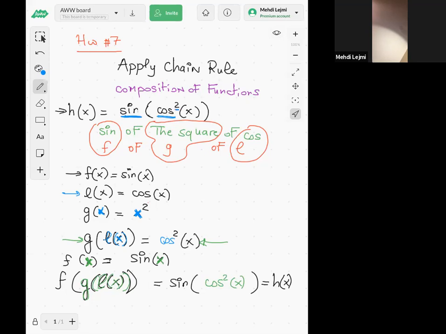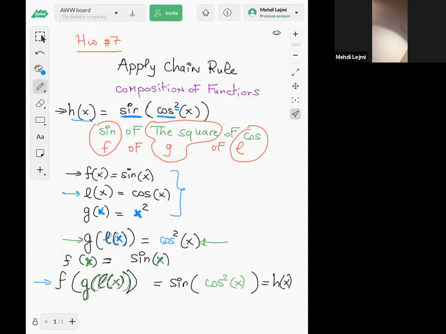So the first function f is the sine, the power is my g, and the cosine is my L.